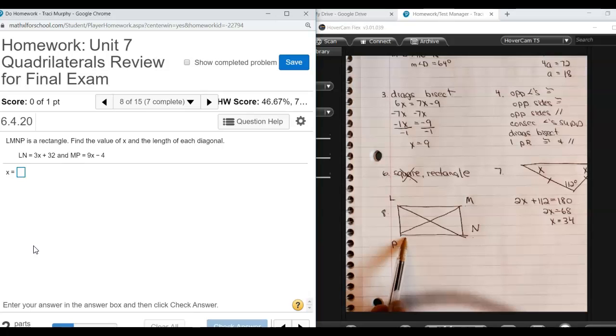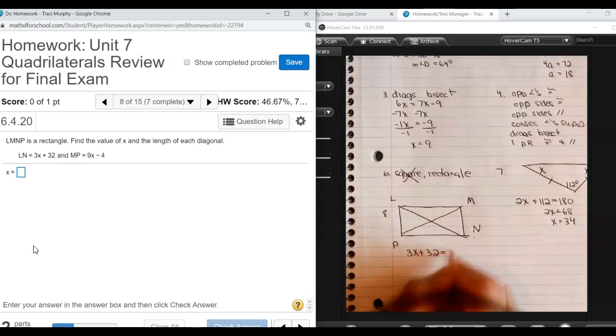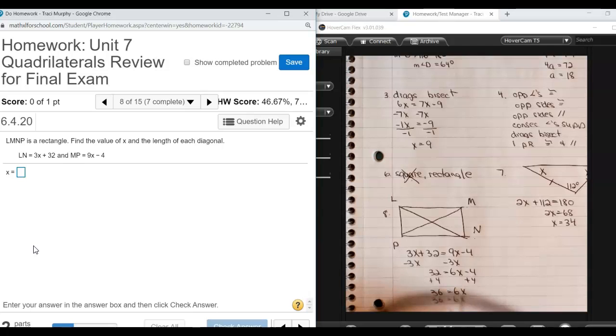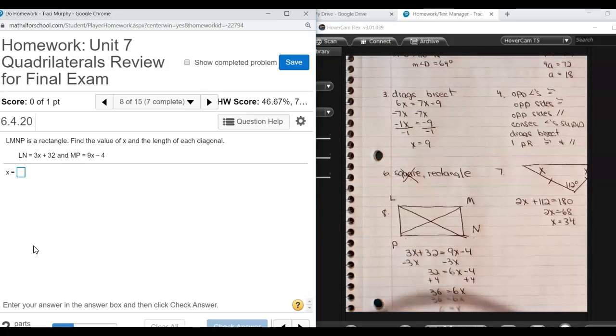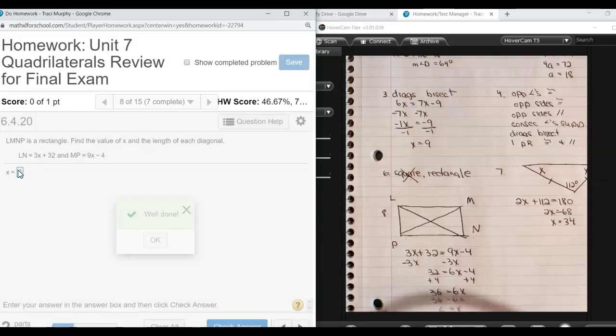Well, if you remember, the diagonals are congruent in a rectangle, so we simply need to set these equal. Again, I'm going to get x by itself by subtracting the 3x. I'm going to add the 4 to both sides. 36 is equal to 6x. When I divide, I end up with x is equal to 6, and that's all they're looking for.